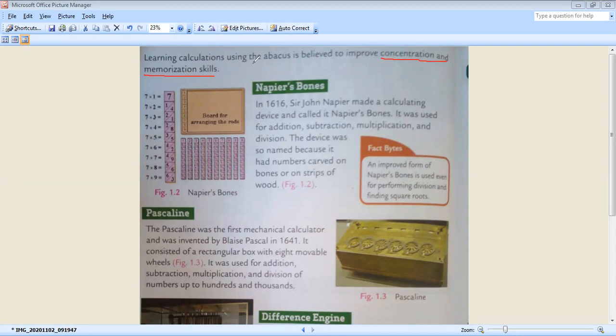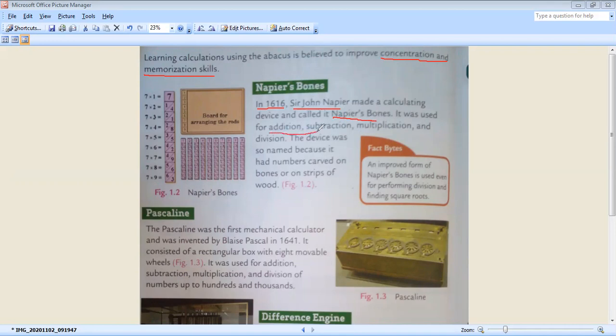Then come Napier's bones. In 1616, John Napier made a calculating device and called it Napier's bones. It was used for addition, subtraction, multiplication and division.